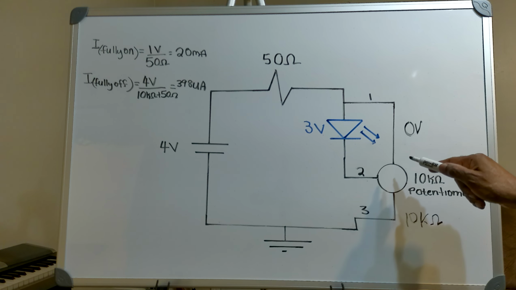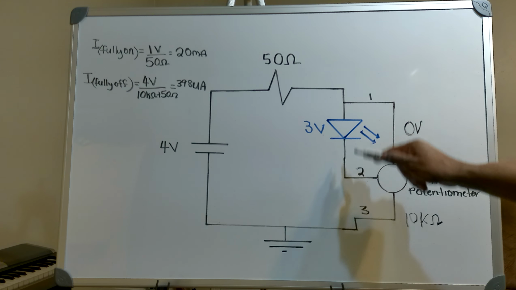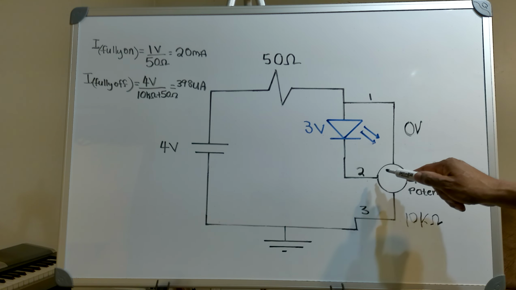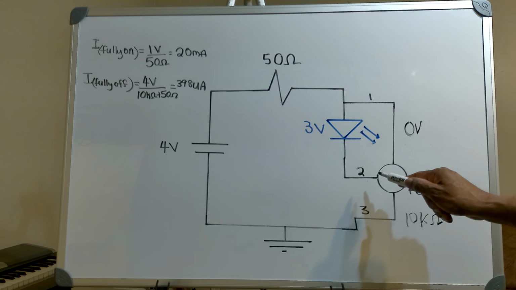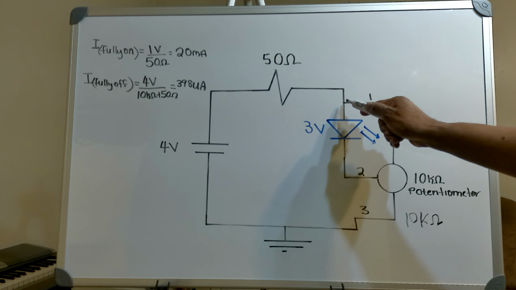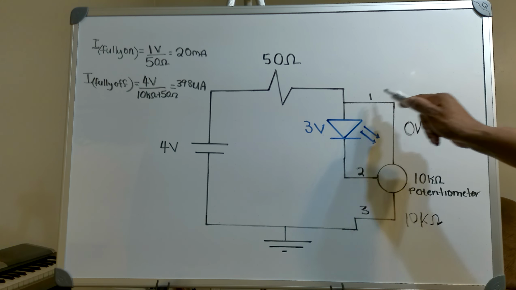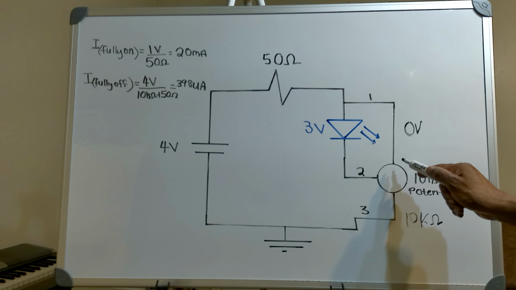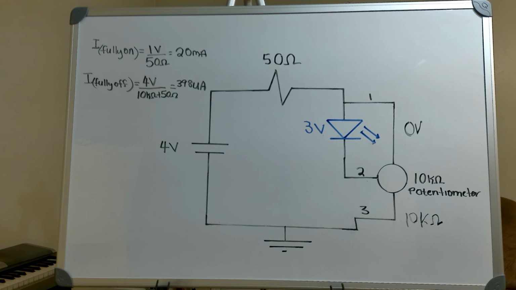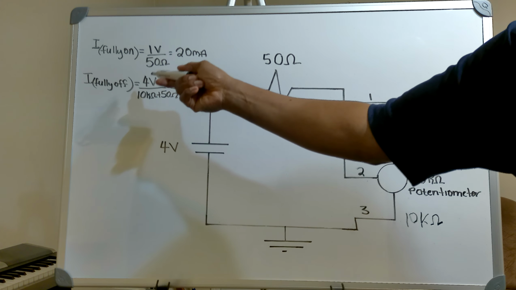Since I have a short here, there is almost no current flowing down through the LED. Mostly all the current is flowing through my short. The LED is fully off.